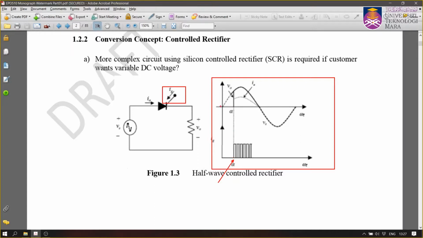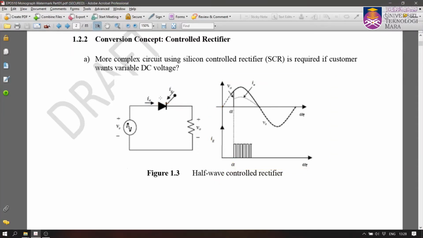If you refer to the zero crossing of the voltage to the positive half cycle, the thyristor is already forward biased, but since there is no gate signal, the thyristor has not yet been turned on. So it still remains as an open circuit until you trigger the thyristor at alpha.